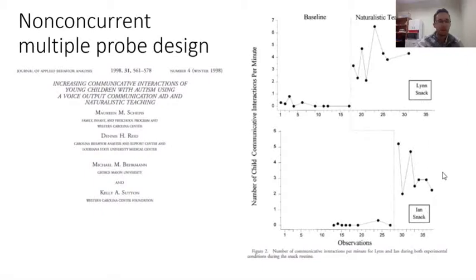And this is a non-concurrent multiple baseline design in that the data for Ian were not collected at the same time as the data for Lynn. But also for both participants, data were not collected every session. Instead, data were collected strategically at specific time points across baseline sessions and intervention sessions.